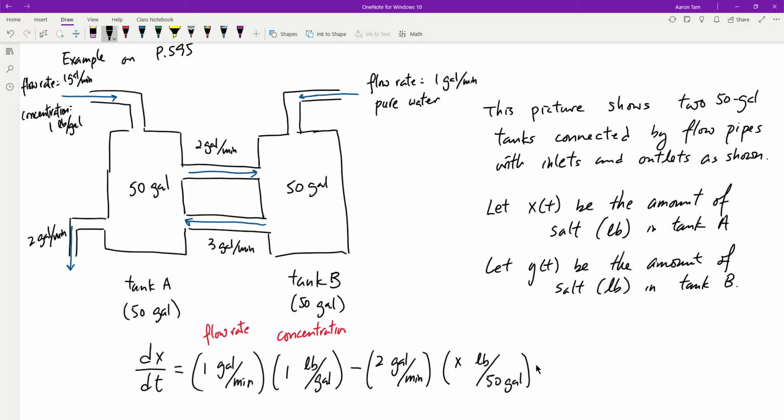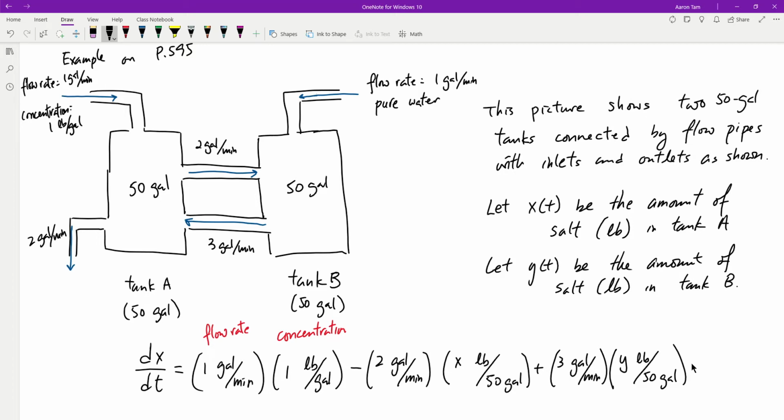And now tank B also has liquid going into tank A, therefore increasing the amount of salt inside tank A. So I'm going to add 3 gallons per minute, the flow rate, and then multiply by the concentration of the liquid in tank B, which is y pounds per 50 gallons.